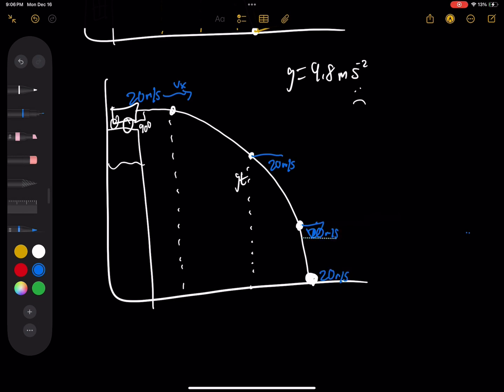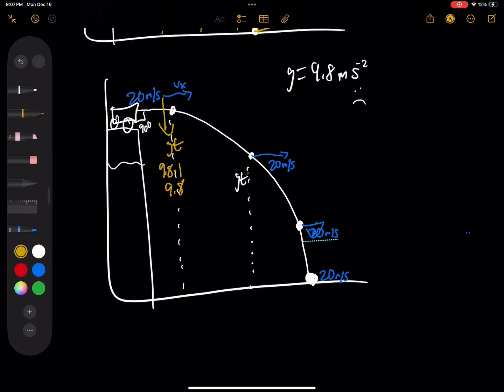That's horizontal. And then for vertical, let's draw this one down. It's going to be gravity times time. So there's 1 second elapsed times 9.8. That's going to give you 9.8. And then you would have the same thing here if this was 2 seconds.